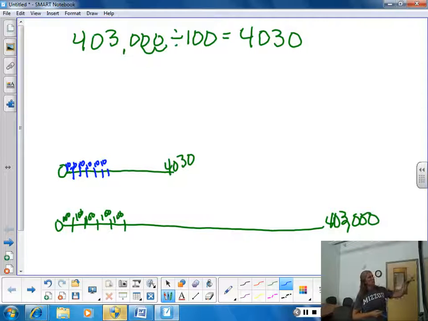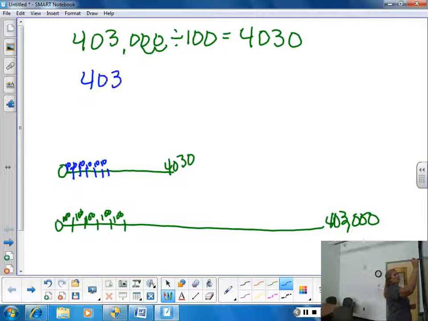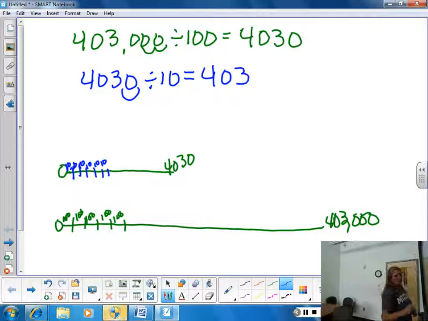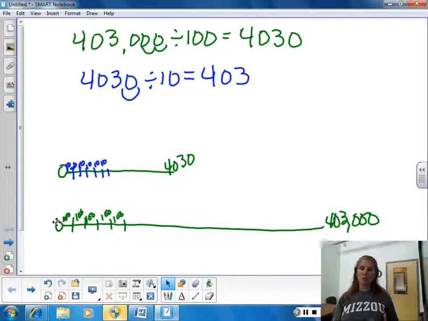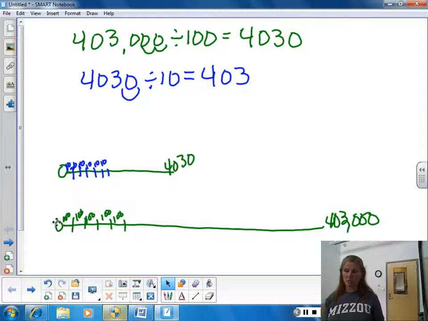So now I'm taking 4,030 and I'm dividing that up into tens to see how many people actually got injured. 4,030 divided by 10, how many zeros am I going to take off? I'm going to take 1 zero off, and that's going to leave 403. So there were 403 injuries. If there were 403,000 people working in there, 403 people would be injured, 1 out of every 10.